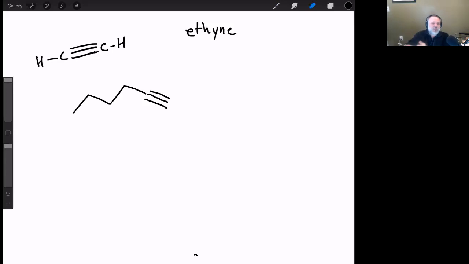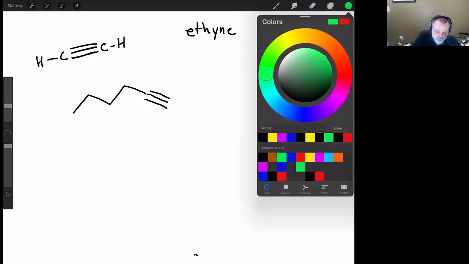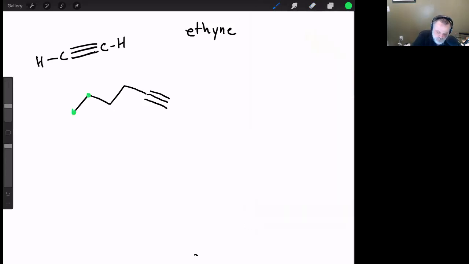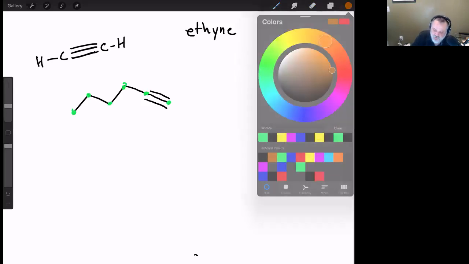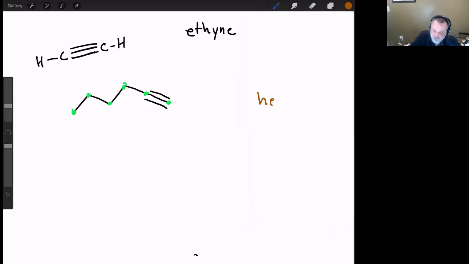So how many carbons are involved in this chain? 1, 2, 3, 4, 5, 6 carbons. So this is certainly hexyne. But which hexyne is it? Because remember, the triple bond can be in several different locations.